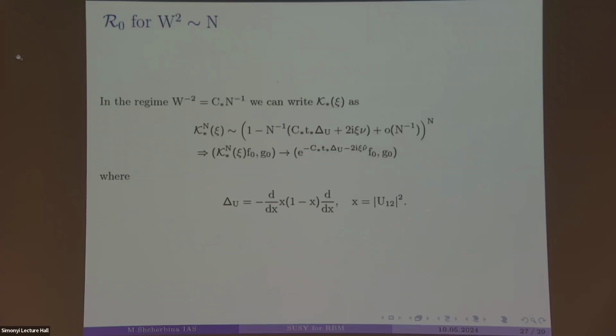And if you have W square proportional to N, then the nth degree of your K star operator is proportional to this. And you obtain that your operator is in some sense the sum of the Laplacian on the unitary group written here plus a multiplication operator.